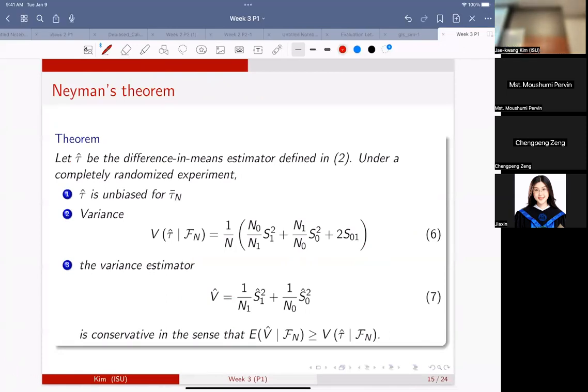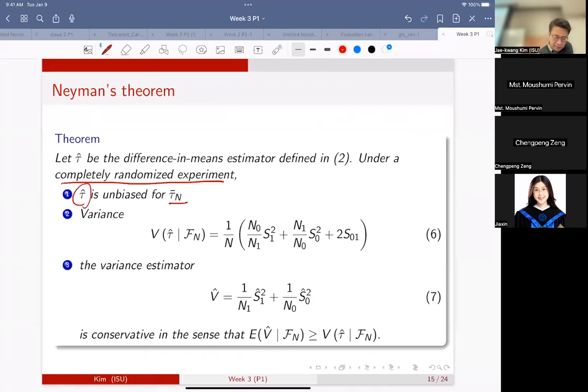So Neyman's theorem is that he was interested in this design-based approach, how to use the design to make an inference without making any model assumptions. He was very interested in developing design-based theory, and this is his conclusion. In a completely randomized experiment, tau hat is unbiased for tau bar.